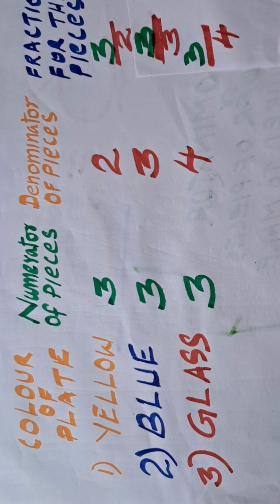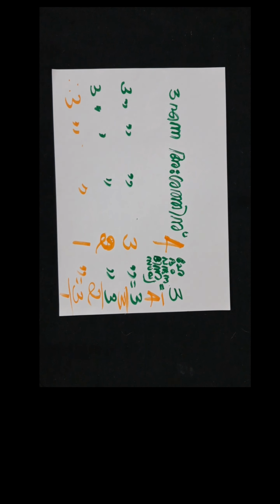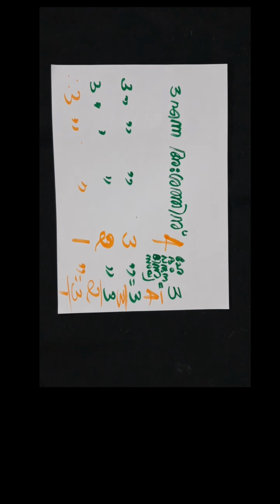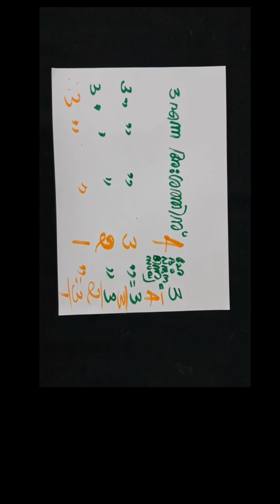For numerator 3, we have got a fraction with 4 as a denominator. Similarly, another fraction with 3 as a denominator, and another fraction with 2 as a denominator. This tells us that the numerator 3 can have any number like 5, 6, 7 or 1 as its denominator.